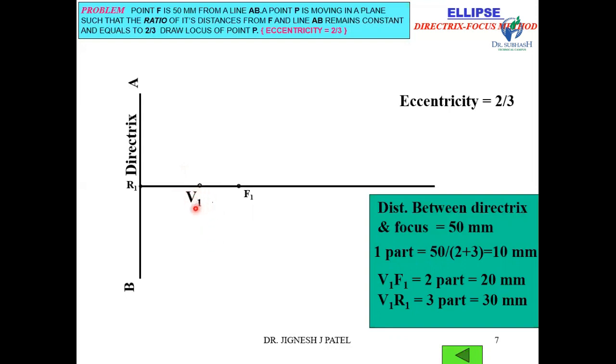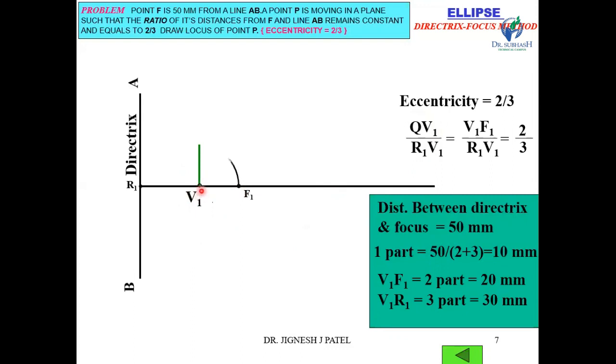Now plot this vertex V1 on this line, so the eccentricity ratio you can find here. From V1, draw one vertical line.